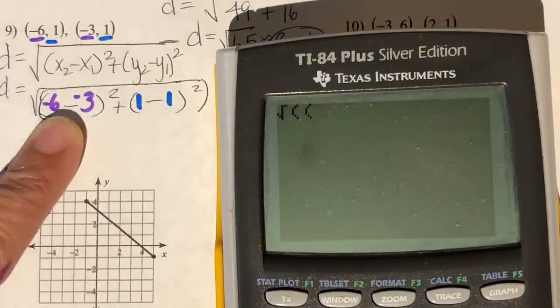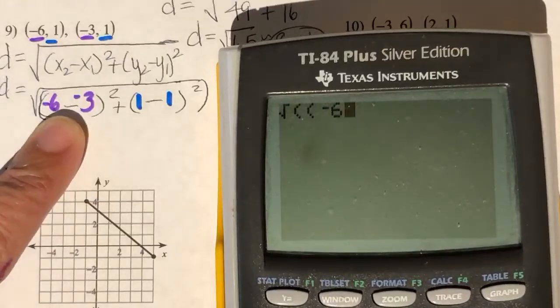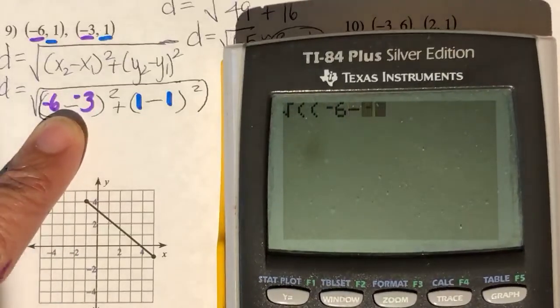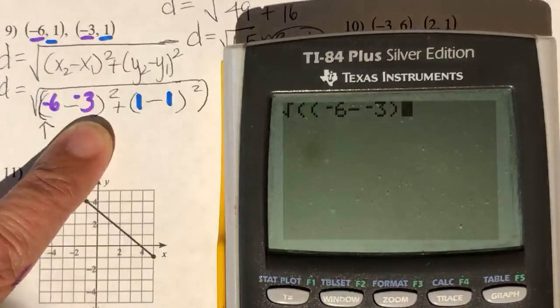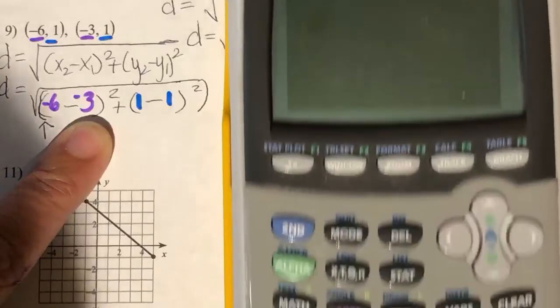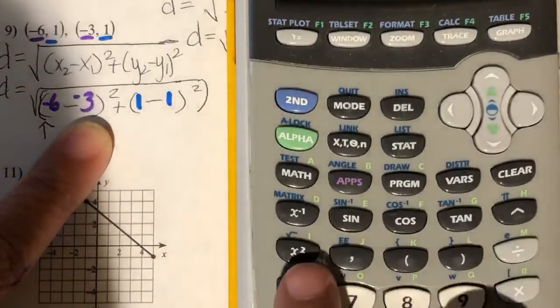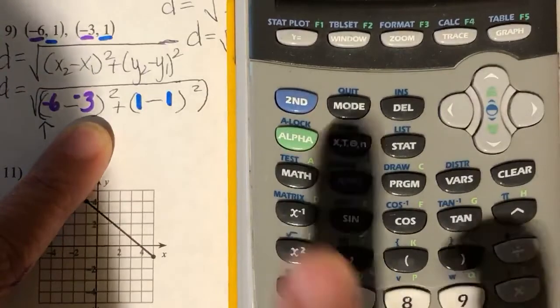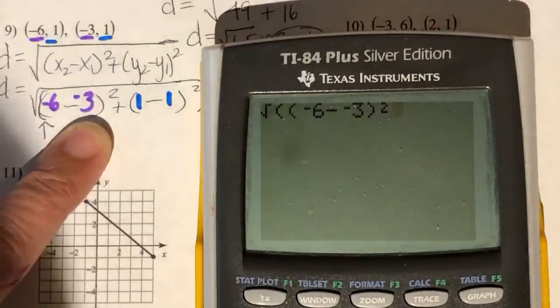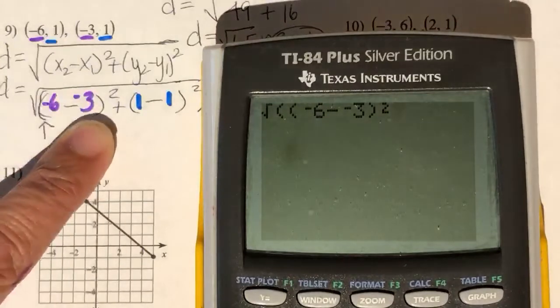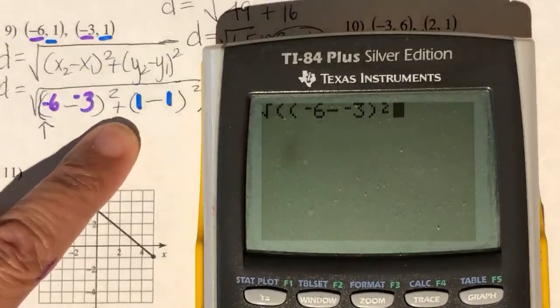All right, so I've got my double parentheses. So I've got -6 minus -3. Then I'm going to close my parentheses. And then I'm going to hit the squared key. Now here's the squared key right here. X squared. You just hit it. And that squares it. Okay? Once you've done that, now let's move over on the formula.